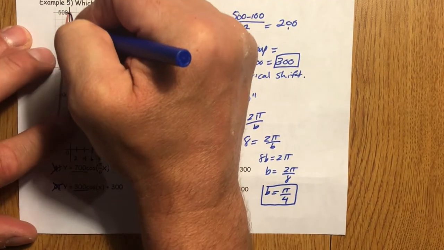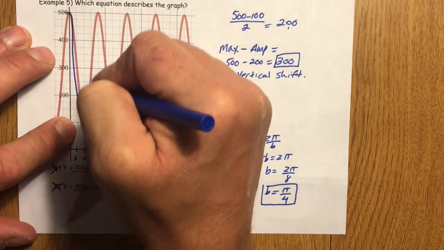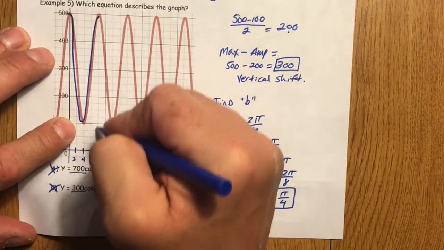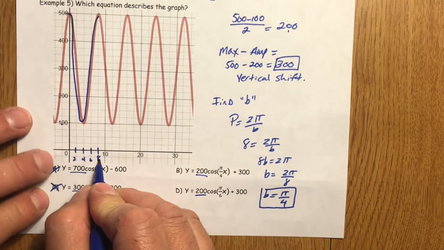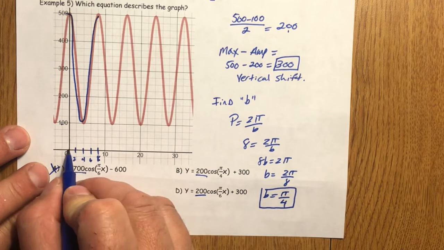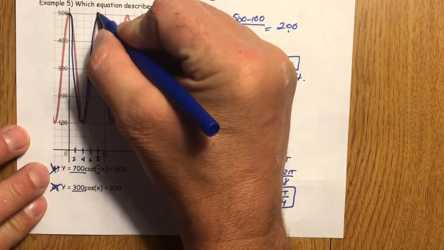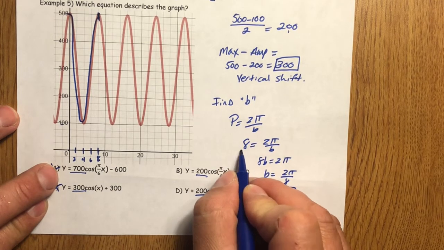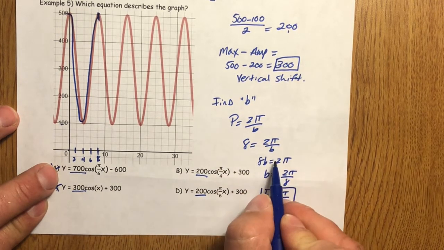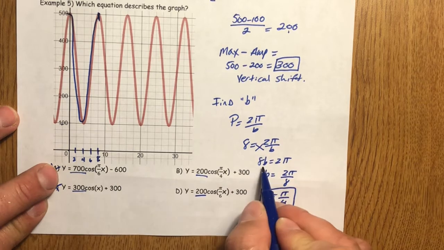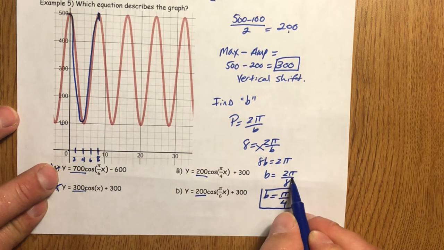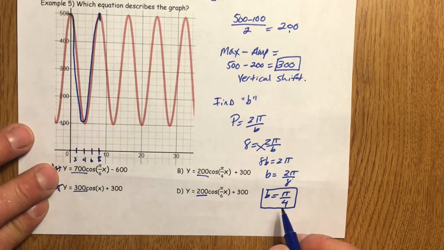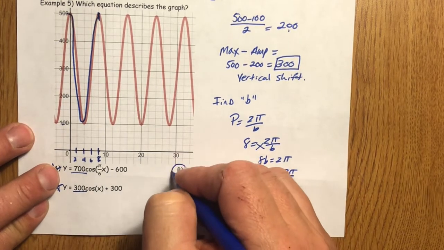If I start here and go here and stop, that's 8. So the length of my period is from 0 to 8. So my period is 8. So 8 is equal to 2 pi over B. Cross multiply, divide by 8, reduce that, and your B value is pi over 4.